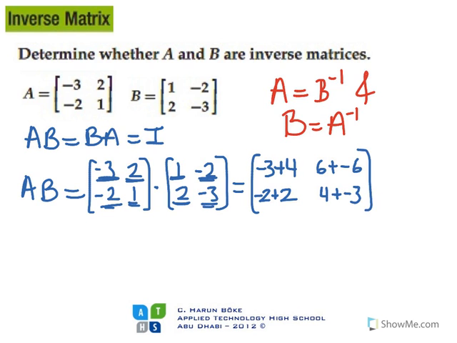So if you do the sums, then you will have 1, 0, 0, and 1, which is the identity matrix.